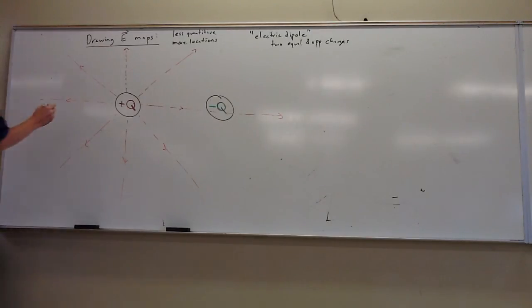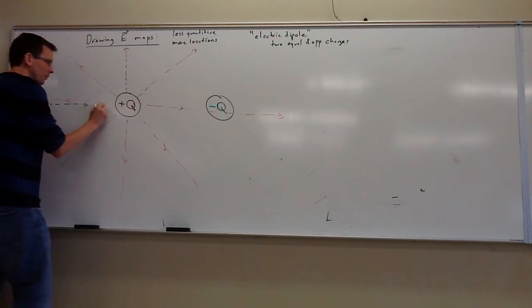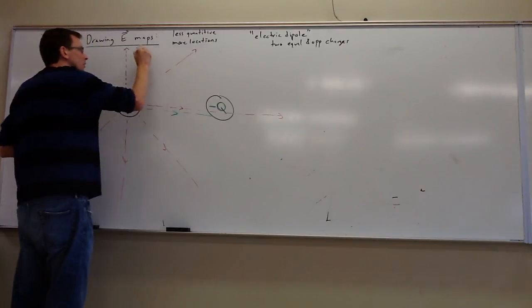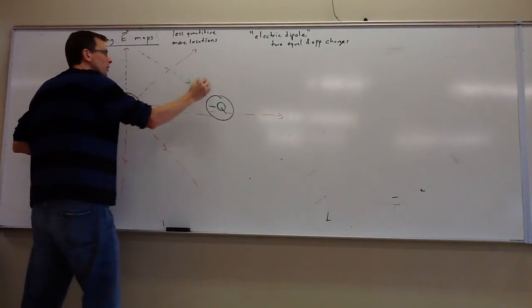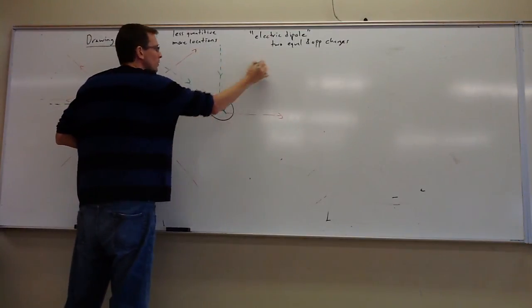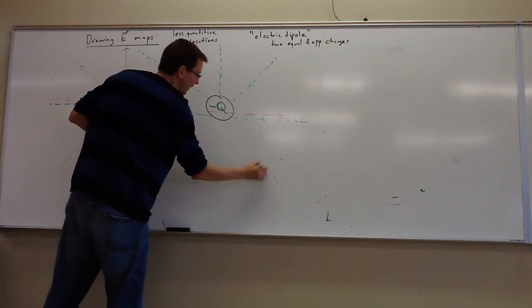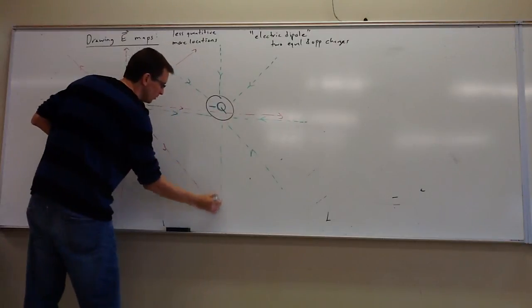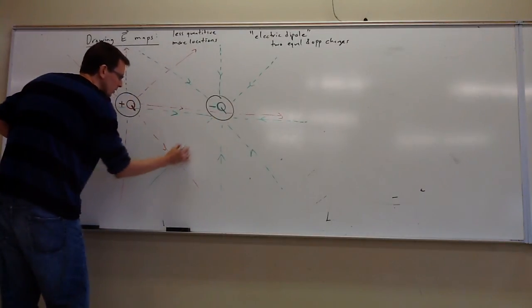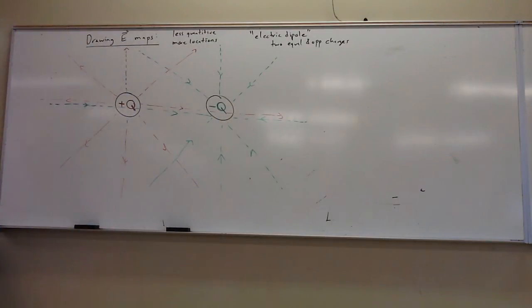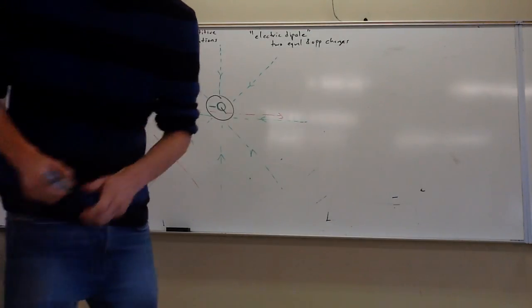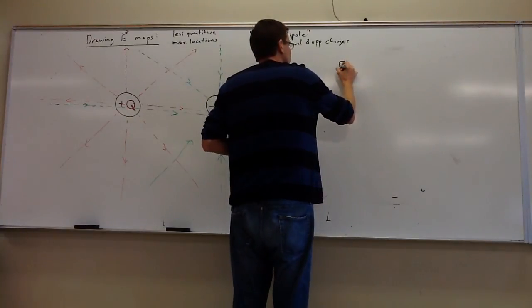Then I'm going to deal with the negative charge, which points radially towards it everywhere. Like so. And then what I need to do is somehow figure out how to get my head around the fact that the net electric field at any given location is actually the sum of the two.